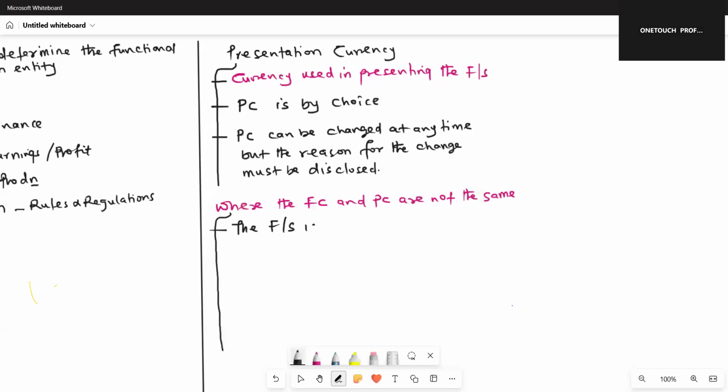The financial statement is initially prepared using the functional currency.